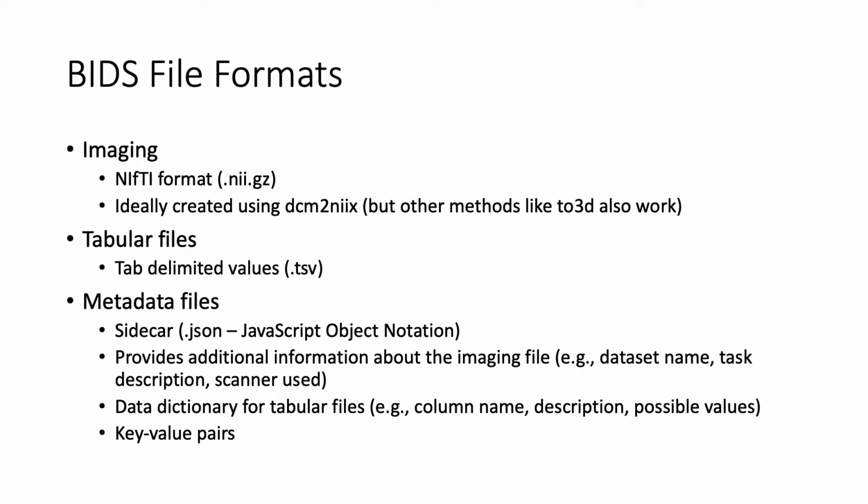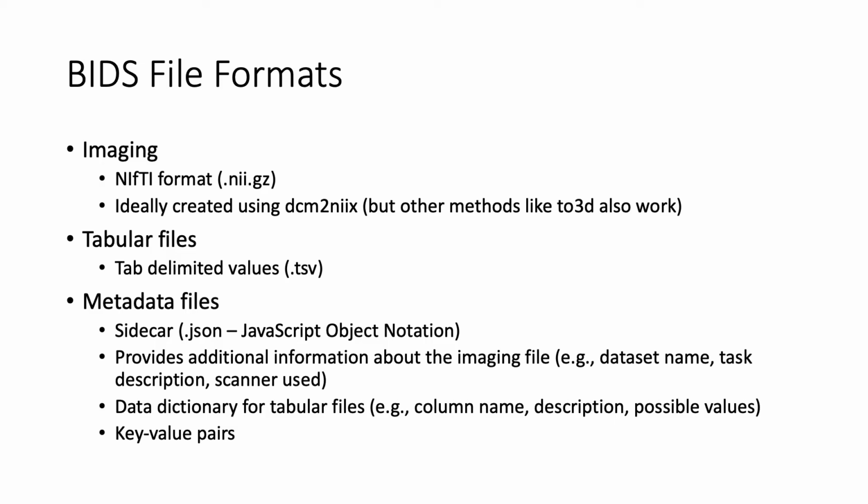It could also explain things like, in this data set, here are some minimal things you need to know about the subjects that I collected, which could be things like their age, the date that the scan happened, or how many visits that person has. Maybe there's certain parameters that are important for analyzing the data, like what their depression rating was at the time of the scan, and that could go in there too.